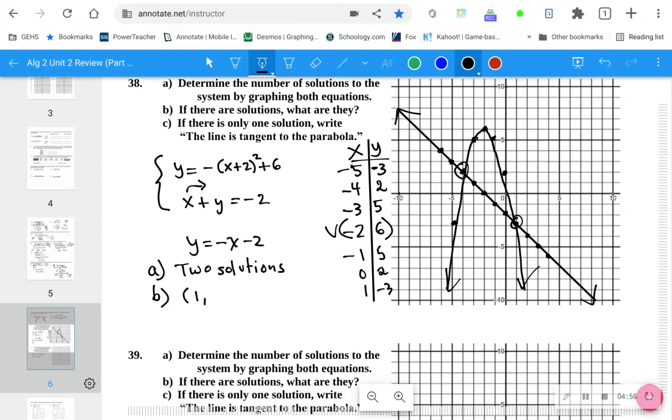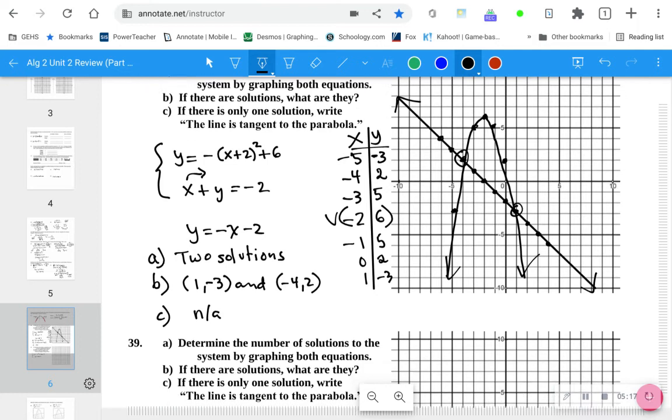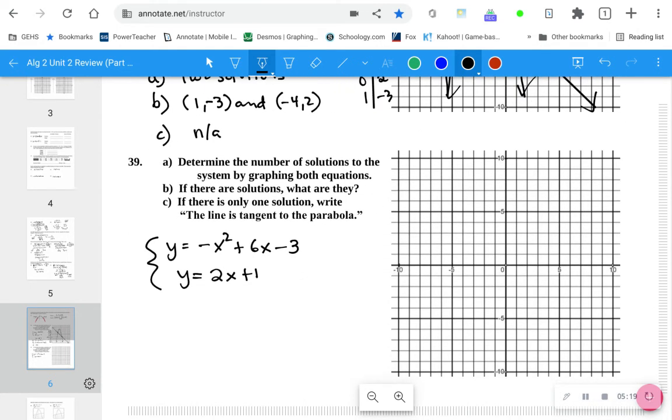And the other one up here is at negative 4, 2. And then part C, if you read it, it says if there's only one solution. Well, that's not the case, so that does not apply. Not applicable. Okay, we're going to move on to the next one, and it's a similar problem.